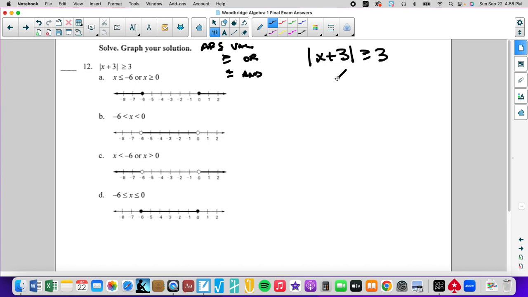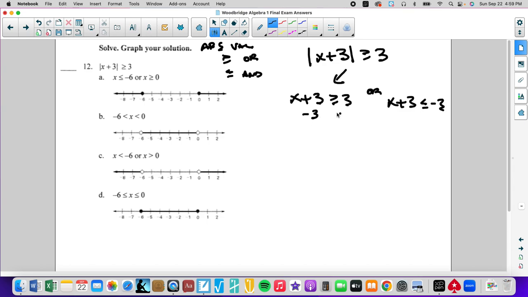So this is an or statement. So we get x plus 3 is greater than or equal to 3, or x plus 3 is less than or equal to negative 3. We still need that positive or negative distance, right? This can be positive or negative, and we need it to be, but because we changed the sign, we have to also change the inequality.